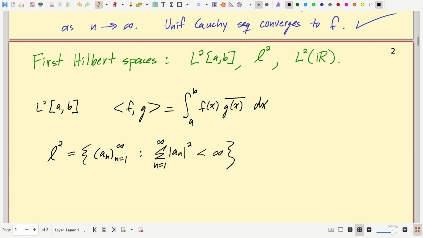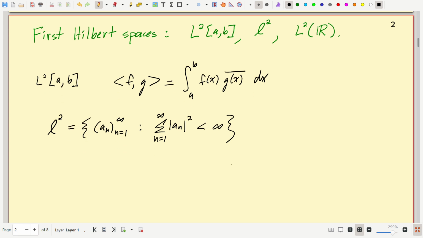That's little L2. And when you have this inner product, there's a norm, which is f inner product with itself to the 1/2 power.